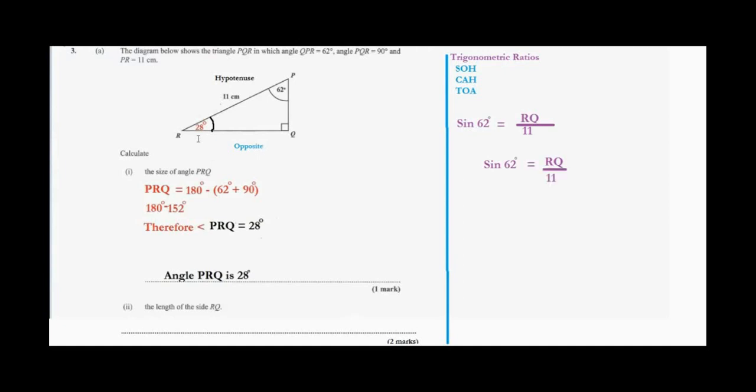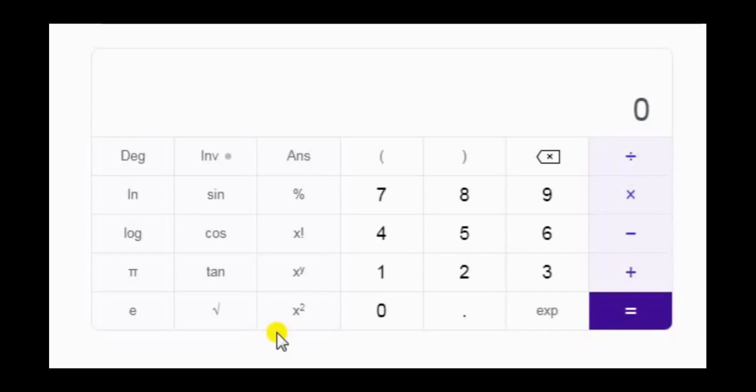Since we want to get rid of this 11 here, we can multiply both sides by 11. See that? So this 11 cancel this 11, right? So now we have 11 times sine 62 degrees equal RQ. So you have to ensure that you are using a scientific calculator at this moment.